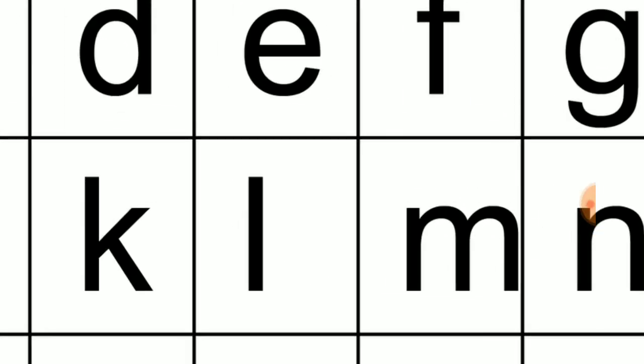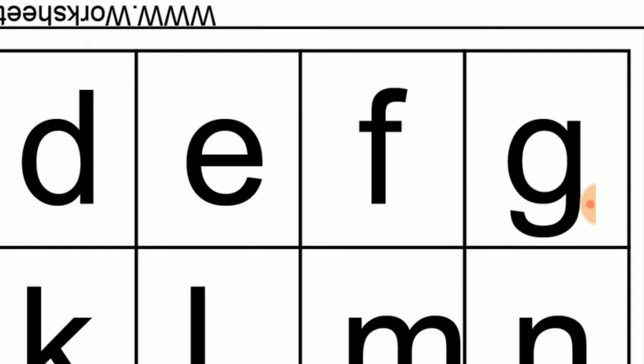Now, for the lowercase f, what you want to do is draw an up and down line, and then you make a little curve at the top. Now you have your F halfway done.